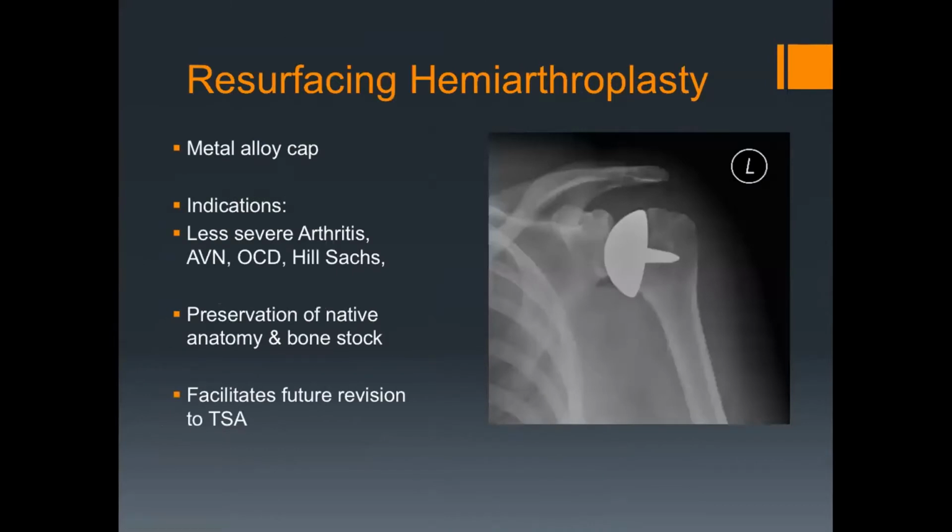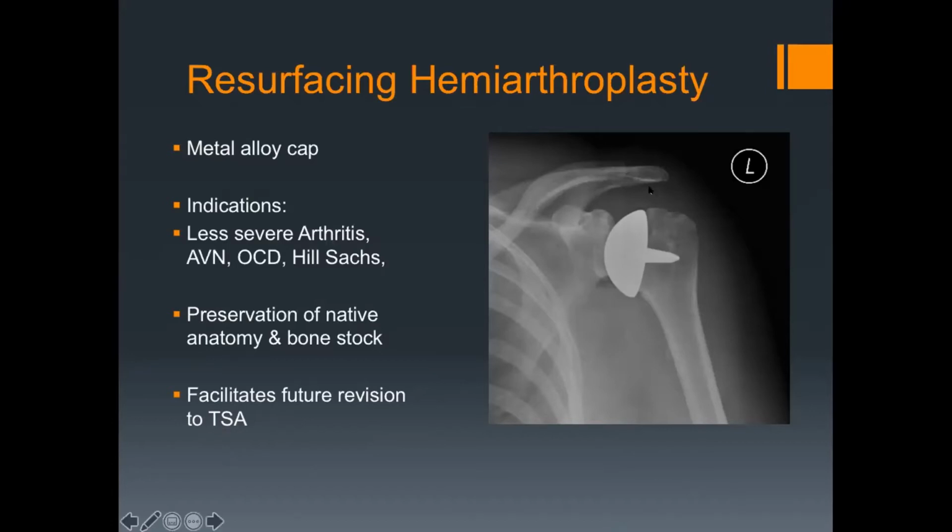So you can also have resurfacing hemiarthroplasties. These are indicated for less severe pathology on the humeral side. For example, less severe arthritis, AVN, large osteochondral lesions, or Hill-Sachs lesions. The benefit of resurfacing hemiarthroplasty is that you preserve the native anatomy of the humerus, and you also preserve the bone stock, because when you put these in, you don't need to do an osteotomy.